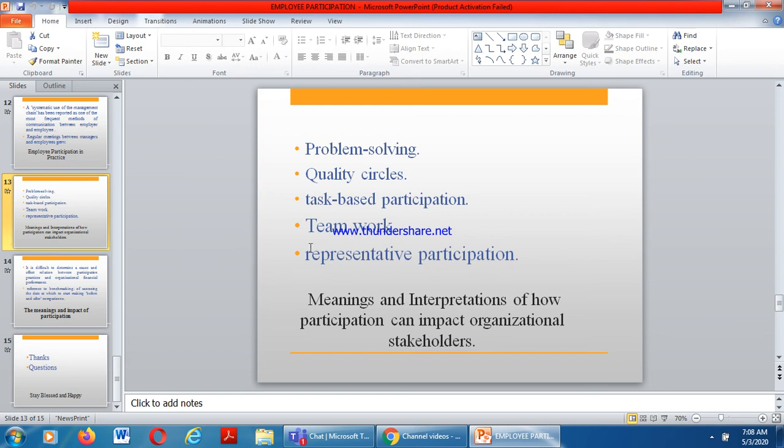Representatives of the employees meet with government officials as well as with the management, meaning the interpretation of how participation can impact organizational stakeholders.